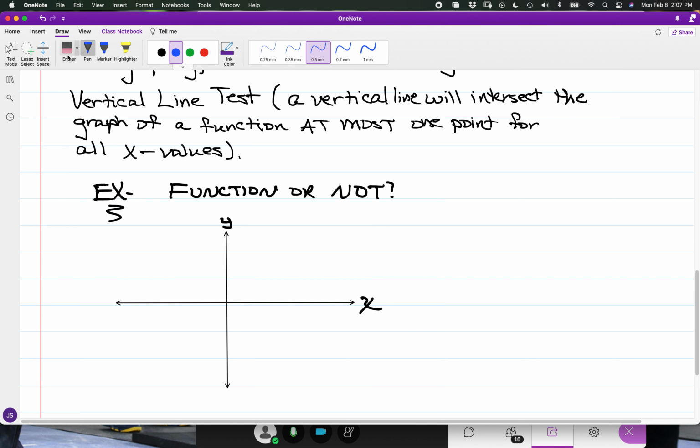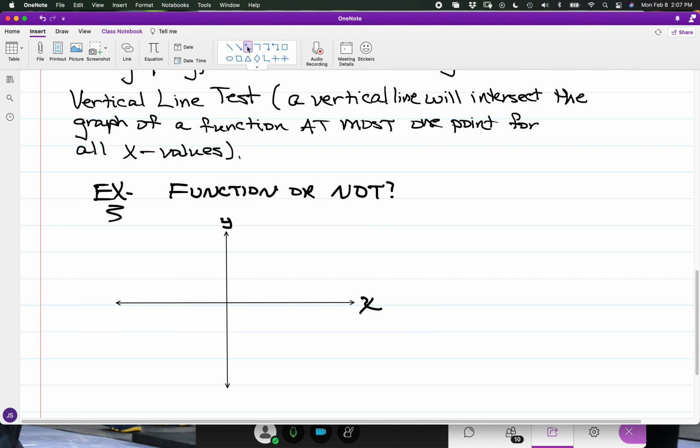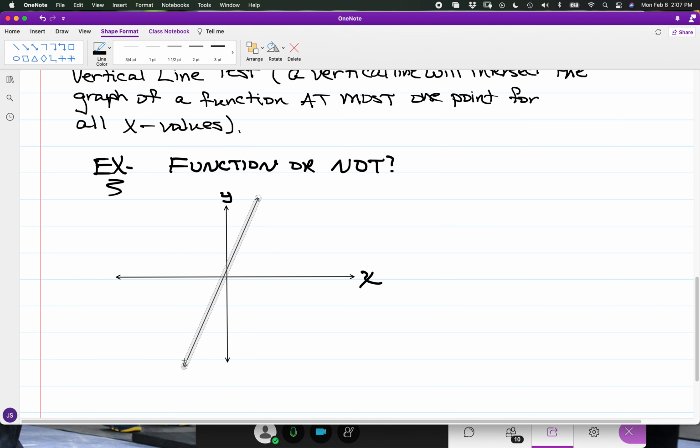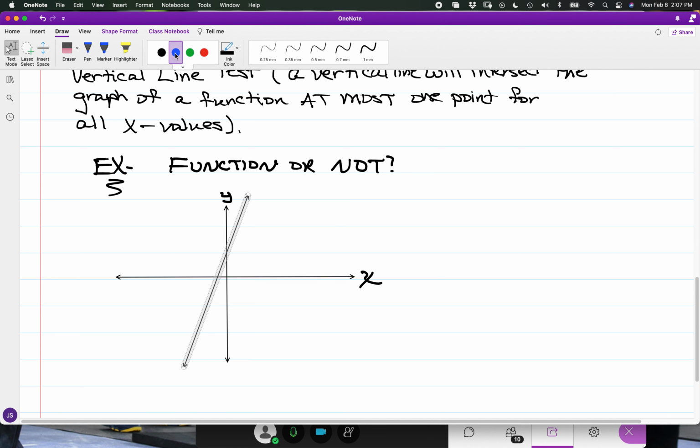Now let's say we have a function or not. Let's say we have y is equal to f of x. Now I'll explain the f of x in just a moment. But let's say we have y is equal to 2x plus 4.